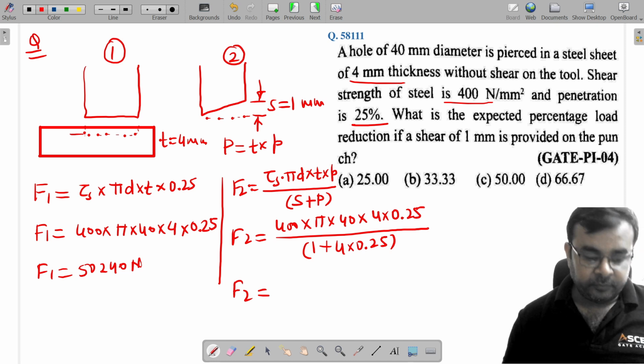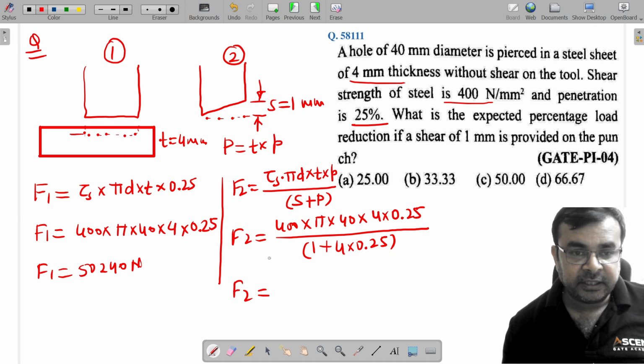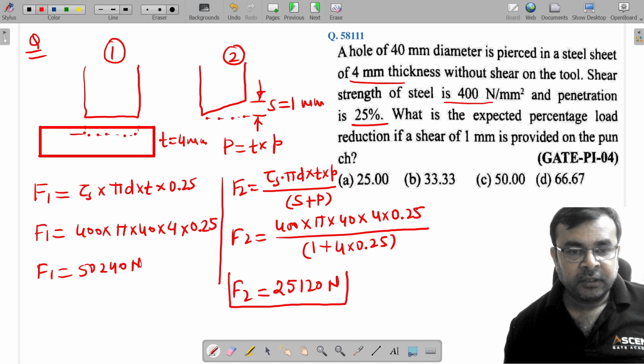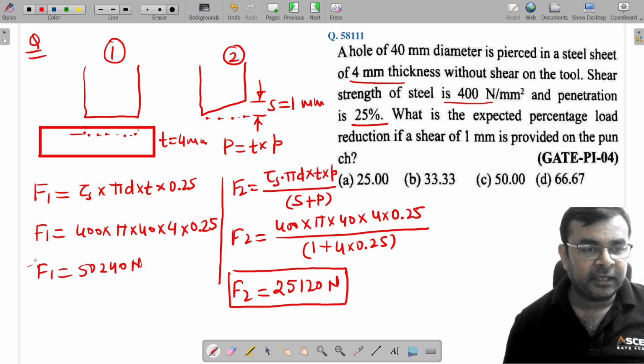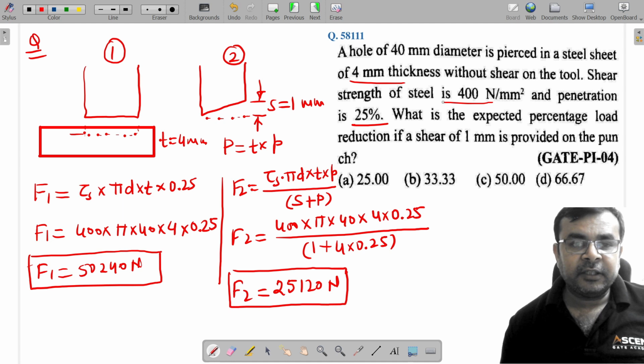After calculating this, we get the answer 25120 Newton. So if you use a sheared punch, this much force is required, and if you use a punch without shear, this much force is actually required. Here we need to calculate the expected percentage load reduction.